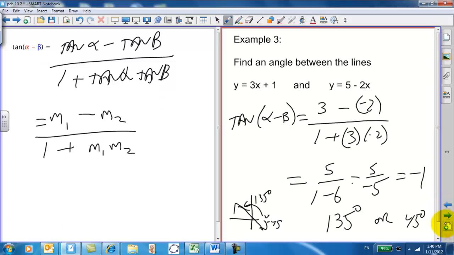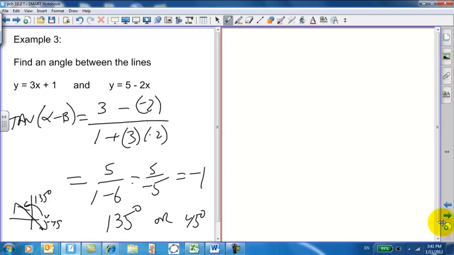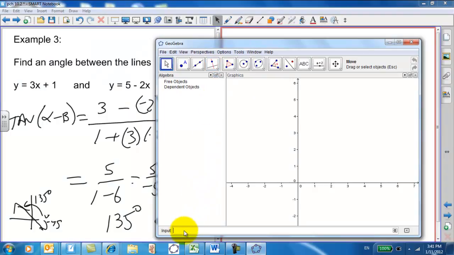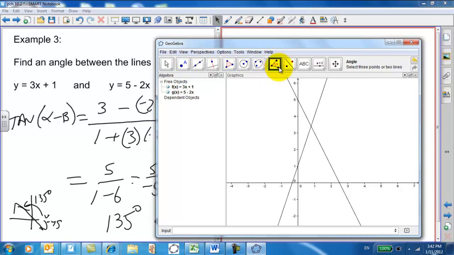Okay, and now I just want to verify that with a quick example from GeoGebra. Okay, here we're in GeoGebra, and we want to look at 3x plus 1. That's one of our lines. And we also want to look at 5 minus 2x. There's the other line. And we want to come up with the angle between these two. So to do that, you can just ask GeoGebra to measure the angles.